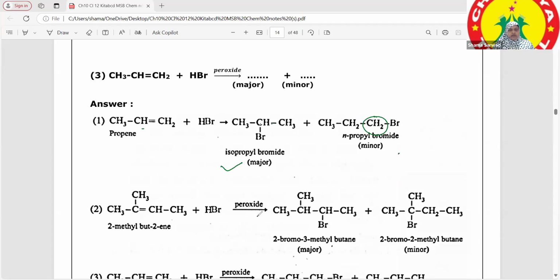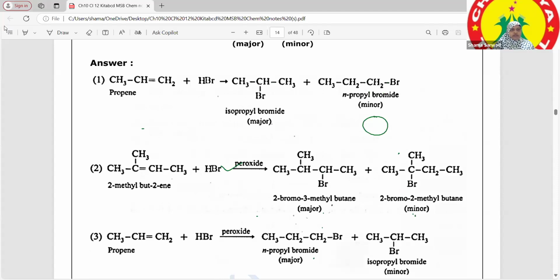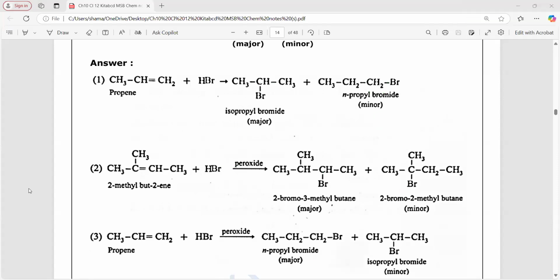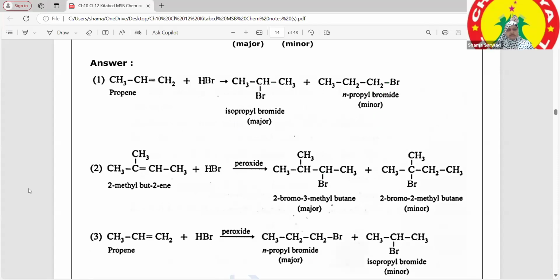When there is a peroxide, you can check, here it will be major, and at this point it will be minor. Ma'am, the third one? The third one is given here below, completely opposite to the first one. This is major and this is minor.